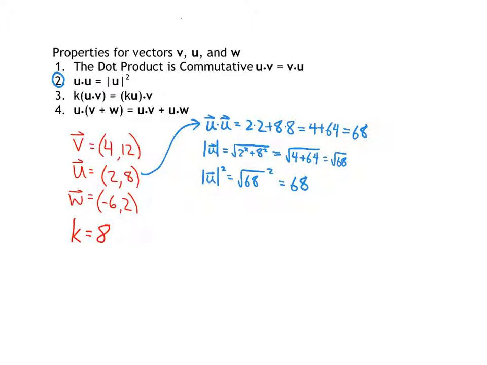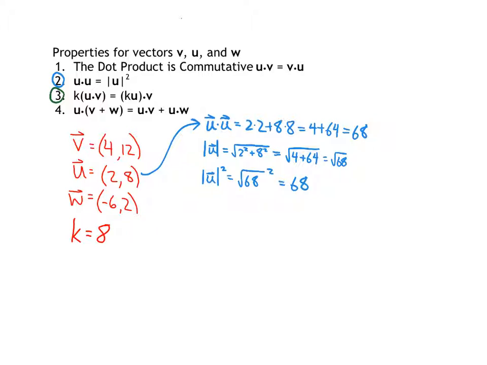For example, in this case we have u and v and k is 8. In this case, I probably would not want to multiply u by 8 first and then have to do the multiplication there. I could do the dot product first and then multiply it by 8. But just to illustrate that we can, let's see that one, okay?